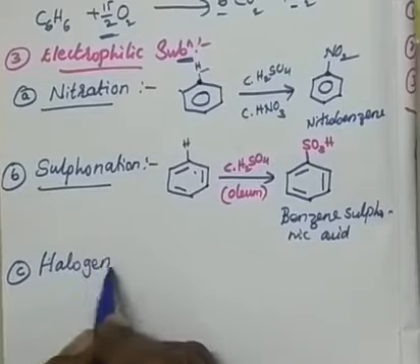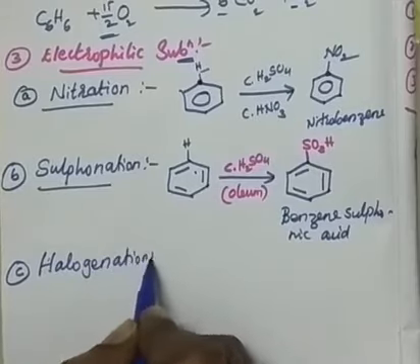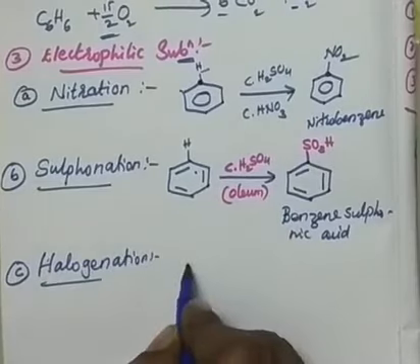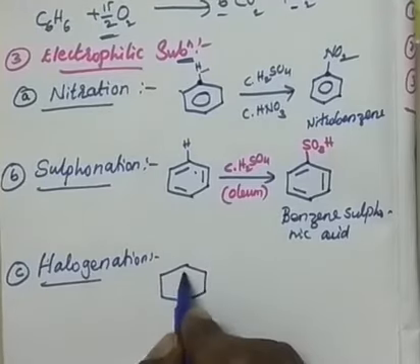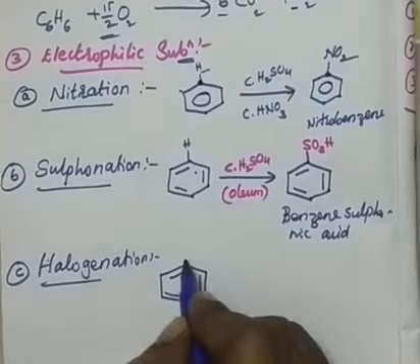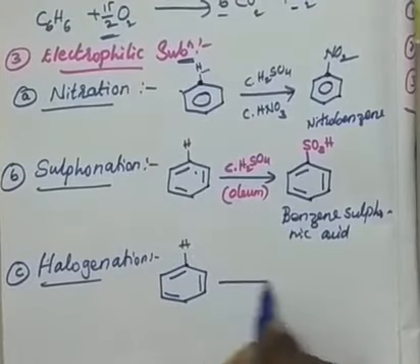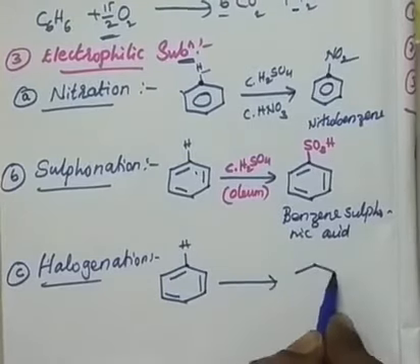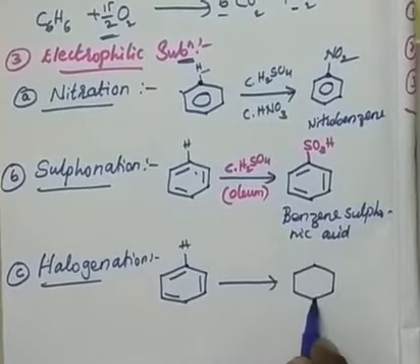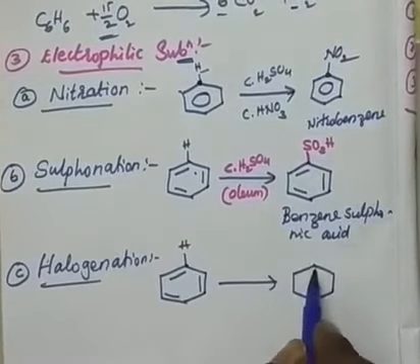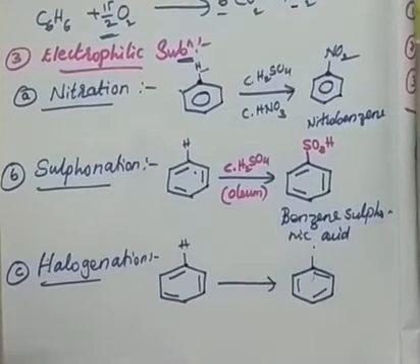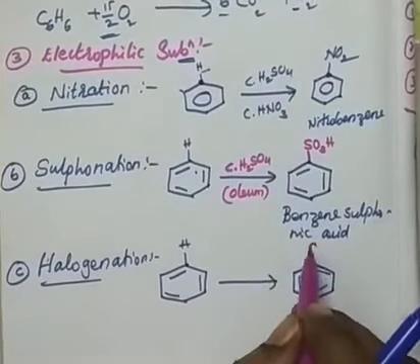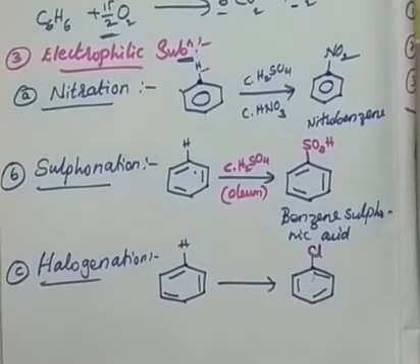Halogenation. Halogenation means, again, the name itself is indicating. What does it mean? It means that hydrogen is being replaced by halogen. So this hydrogen is being replaced with halogen X, or may I take Cl or Br? Cl and Br are the most famous groups to be substituted here.